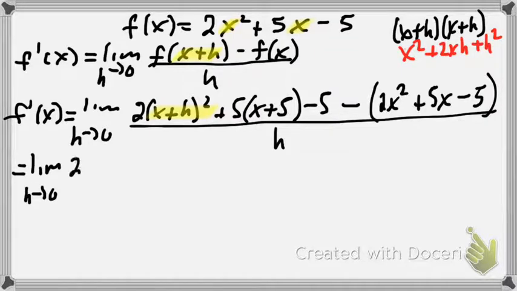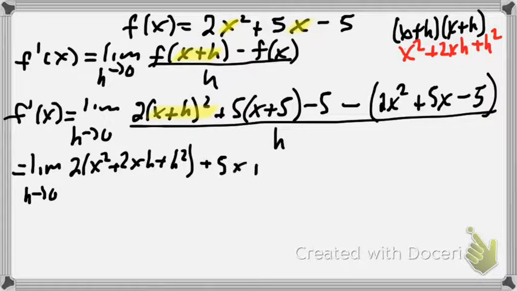So 2 times x squared plus 2xh plus h squared, plus 5x plus 5h, distributing there. Wait, that should be an h.